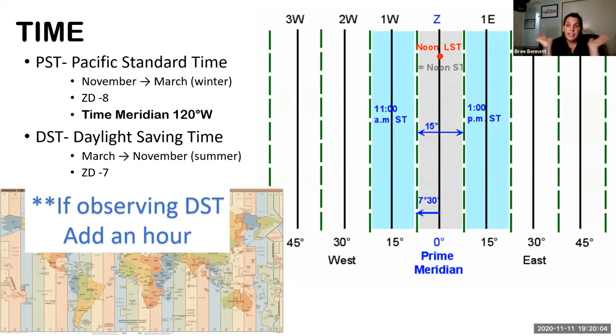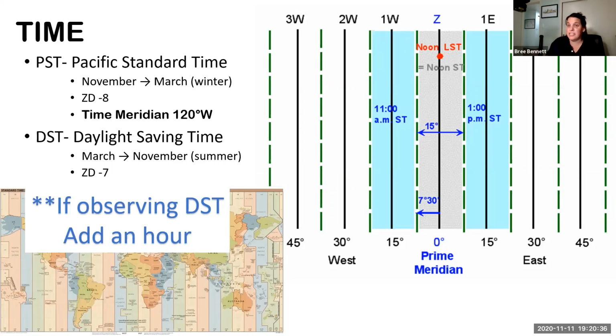If you're uncertain of what zone description you're observing, the quick way to do it is to divide by 15. It says on the bottom time meridian 120. If we divide 120 by 15, we get 8, so we're observing zone description 8.